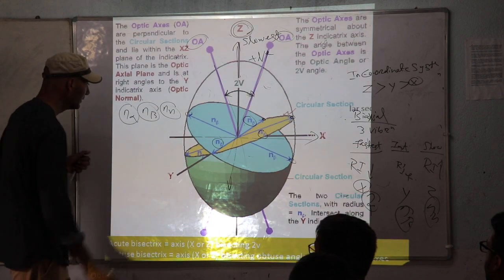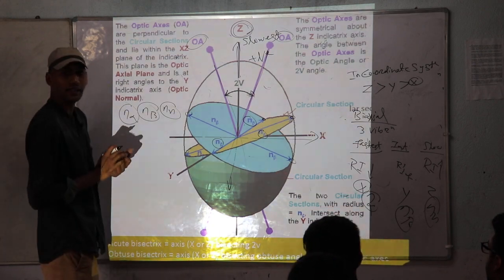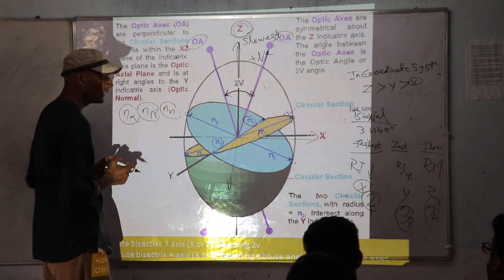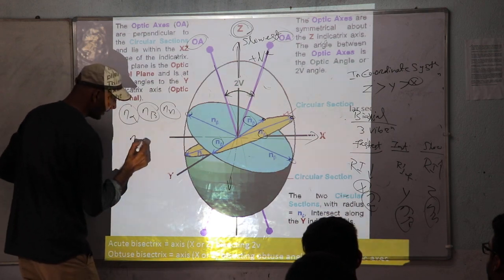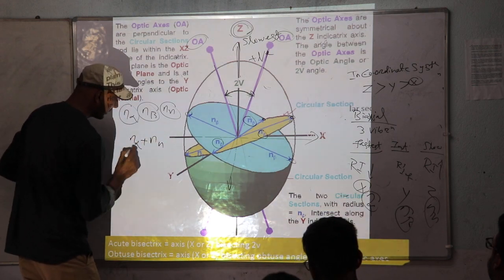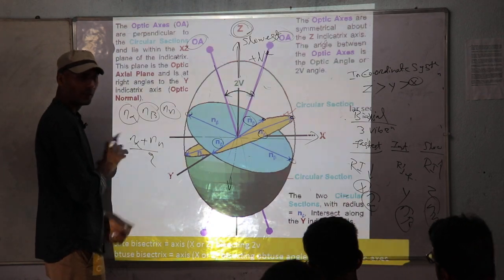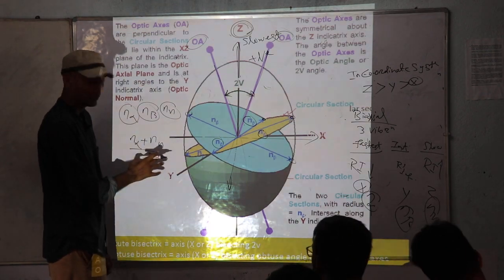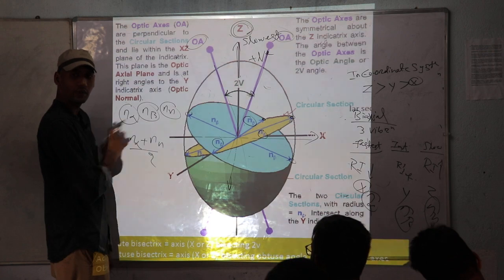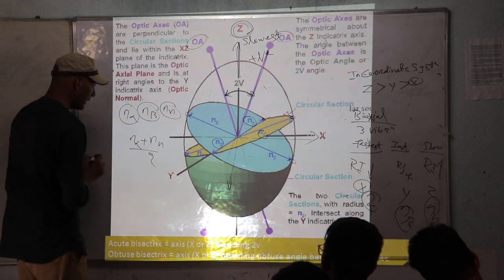Then what is the formula? To determine the intermediate value, you take n alpha plus n gamma divided by 2. That is the midpoint of n alpha and n gamma, right? If it is 3 and 5, the midpoint will be 4, like that.